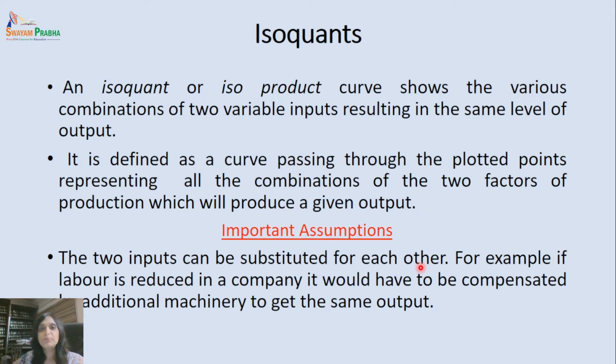However, the proportion of labor and capital will have to remain the same. For example, if a company decides to reduce labor, it will increase the amount of machinery or capital it is using, so that it gets the same level of output, and this proportion remains the same.